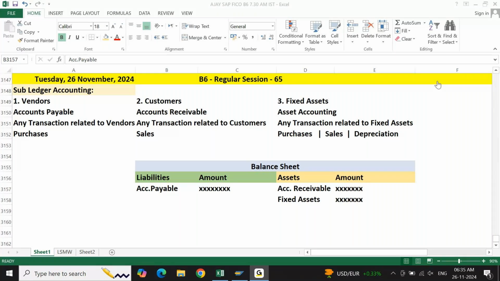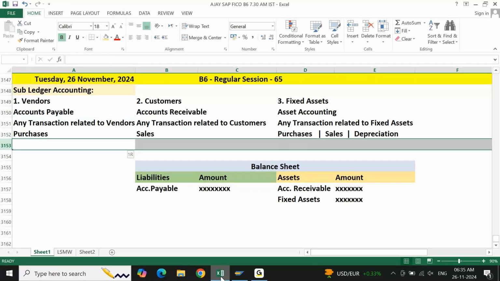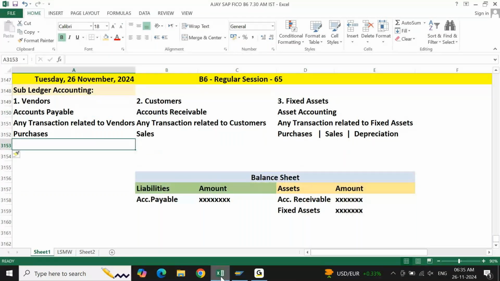Instead, we will write the consolidated value of all vendors together in accounts payable account. Instead of writing individual vendor account balances, we will be using single GL account called accounts payable, which will represent total vendor outstanding. In short, this vendor account can also be represented as a supplier account.